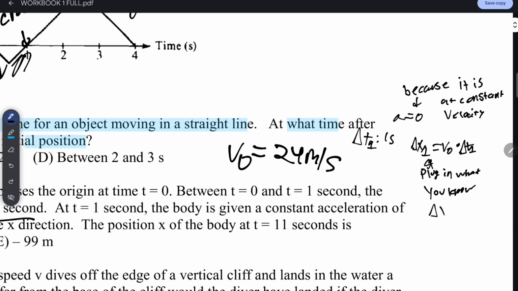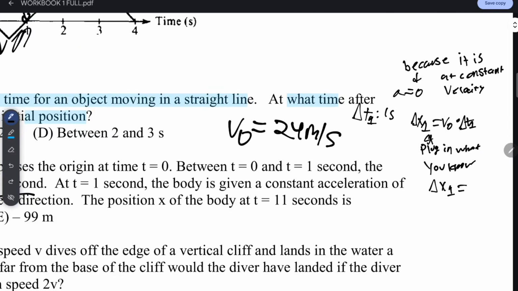So delta x1 would be equal to 24 meters per second times 1 second. These cancel out and we're left with meters only, and it is equal to 24 meters.